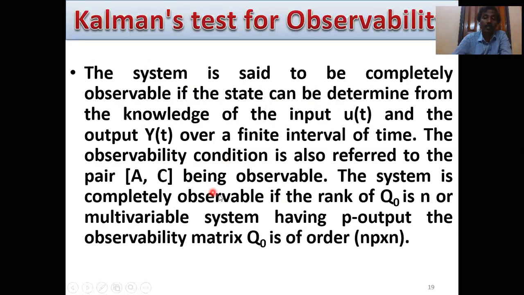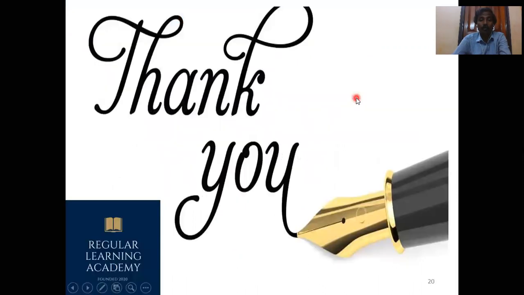For a multivariable system having p outputs, the observability matrix Q0 is of order np by n. So, Kalman test conclusion: when the rank of Q0 equals n, the system will be observable, otherwise unobservable.